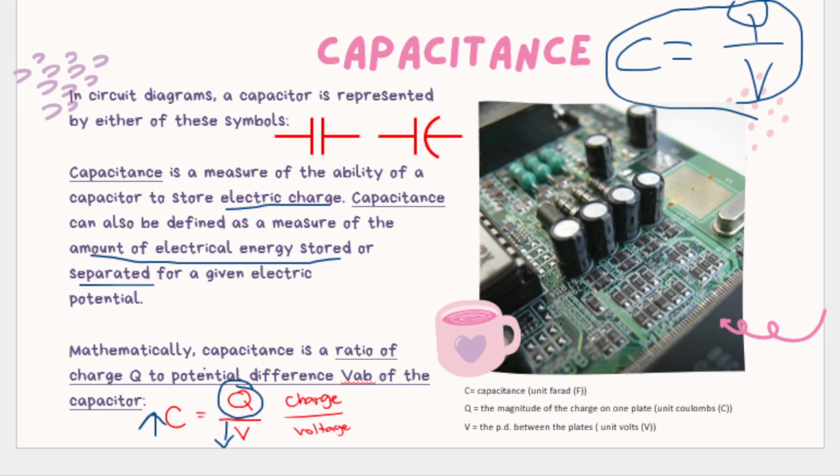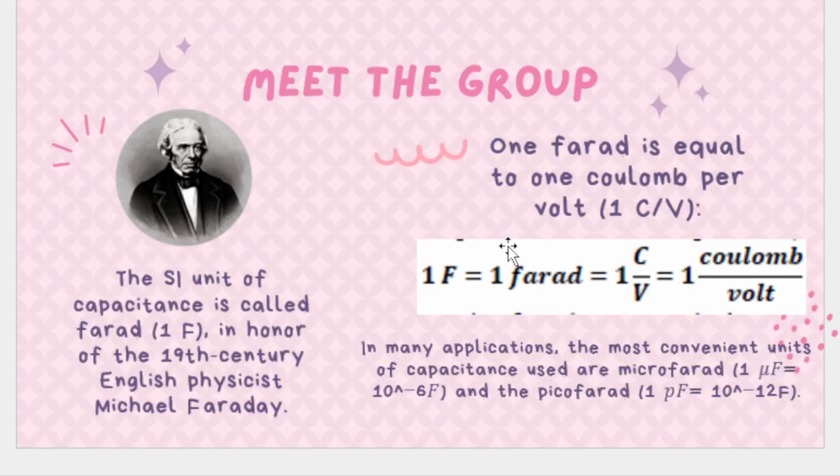Okay, so the unit for capacitance is what we call farad, or F. In honor of the 19th century English physicist Michael Faraday. Okay, 1 farad is equal to 1 coulomb over volt. Coulomb from the charge and volt from the voltage.